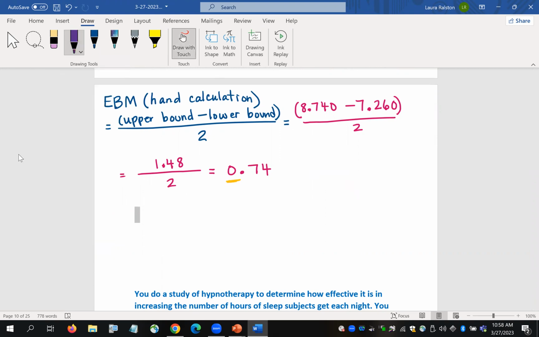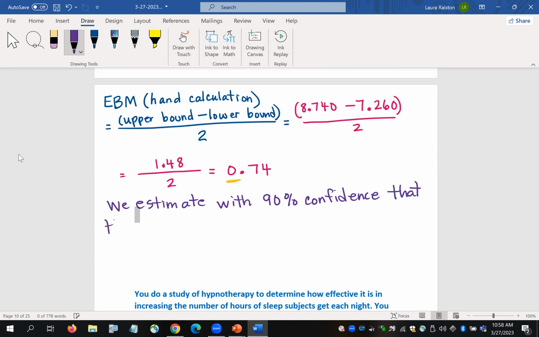We would say, we estimate with 90% confidence that the true population mean, see, what was this question talking about?